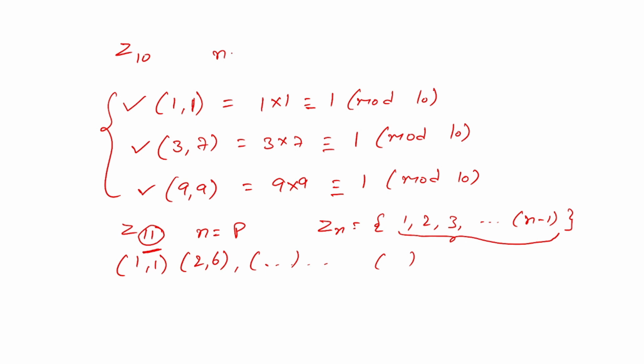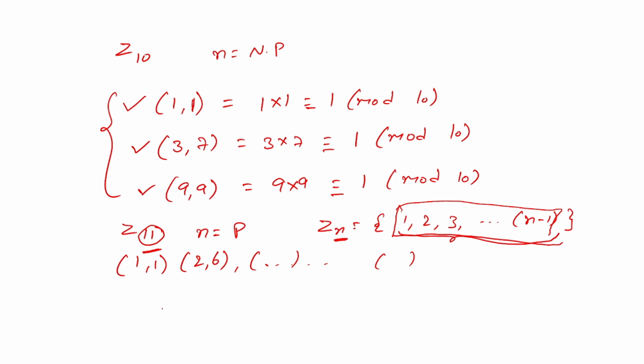If the n value is not a prime number, then only some of the values from the set have multiplicative inverses. In Zn, if the n value is a prime number, that means all the values except 0 contain multiplicative inverses.